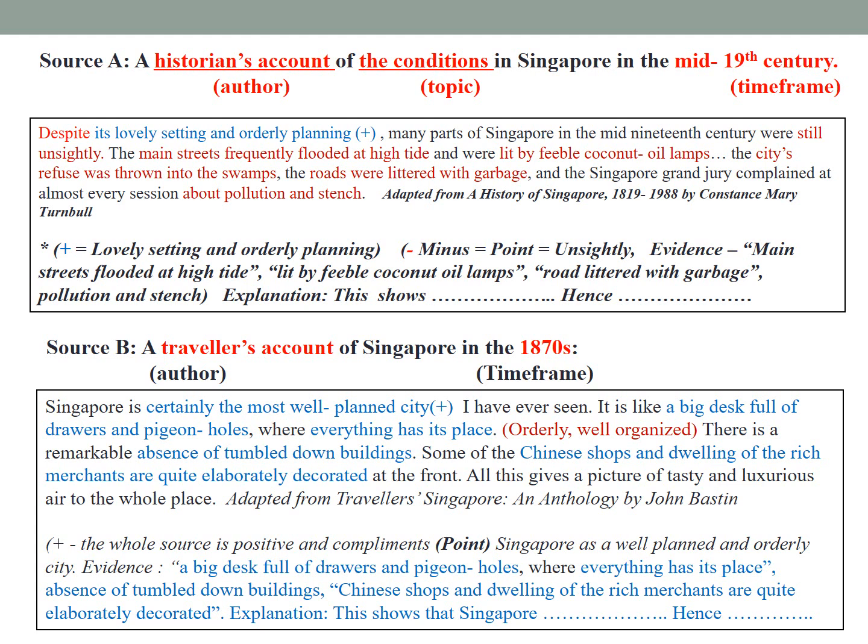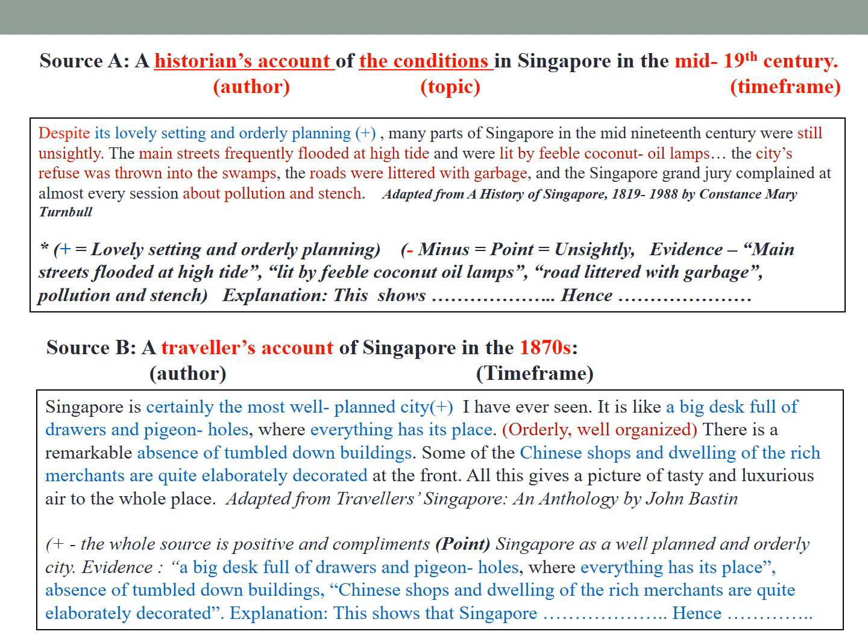Is there anything positive from source A? Yes, only one sentence: its lovely setting and orderly planning. This is the only thing positive that is said. Let's look at source B. So source A is wholly negative, mostly 99%, and source B is 100% positive.